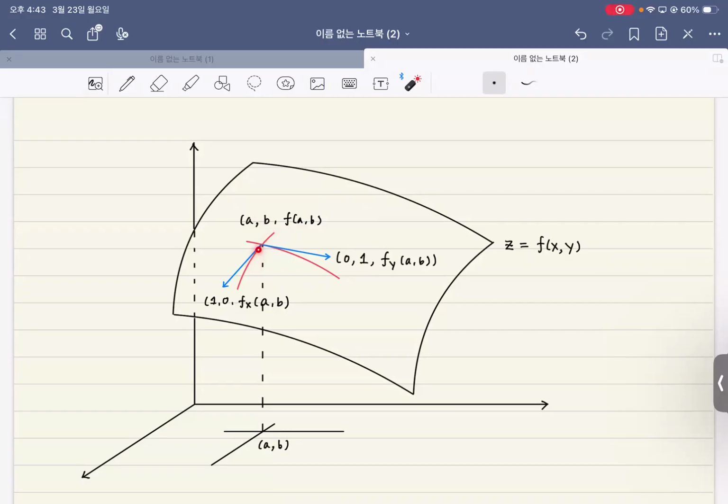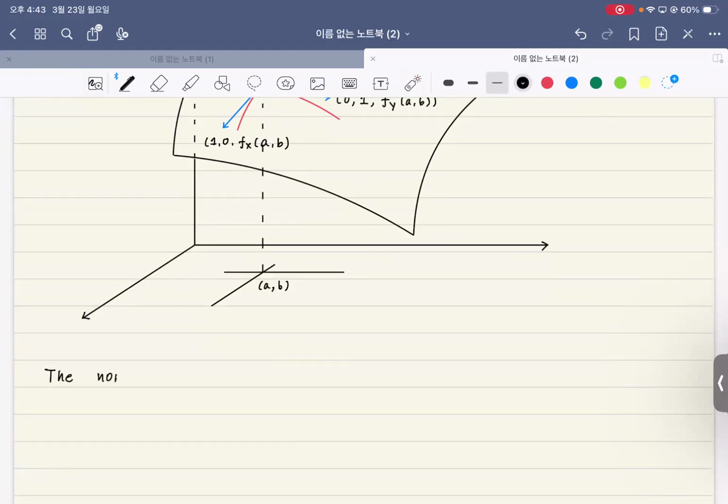And what do you think is the normal direction of this tangent plane? The normal direction can be easily obtained by taking the cross product of these two vectors. If you take the cross product, that is going to give us the normal direction of this tangent plane. Okay? All right, good.